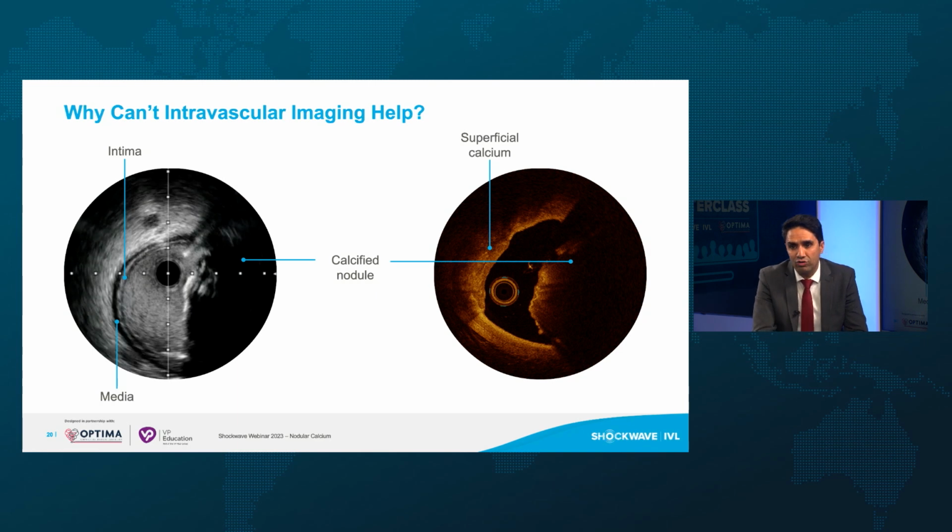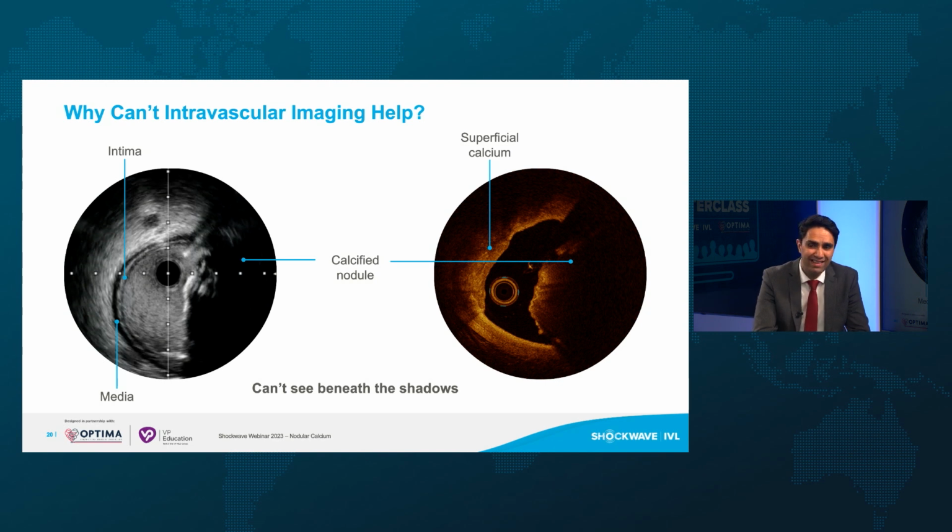Well, can intravascular imaging help us? Certainly, optical coherence tomography can help us differentiate between an eruptive calcified nodule and a protruding nodule, but intravascular imaging cannot help us determine whether we're on a lipid base or a calcified base, and that's because we're unable to see beneath the shadows. On IVUS, the calcium reflects the ultrasound so that we can't see behind it.